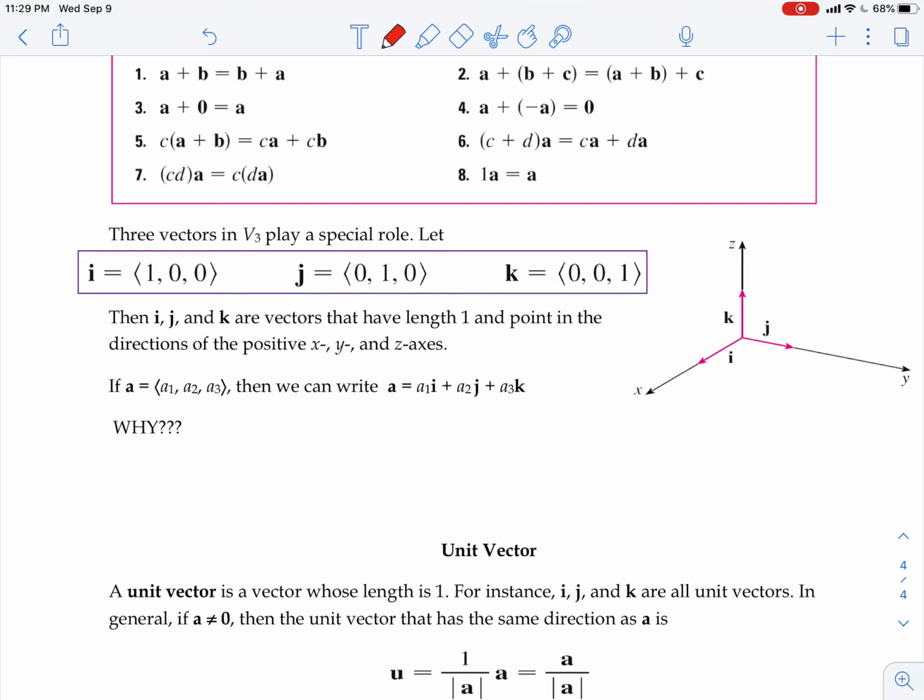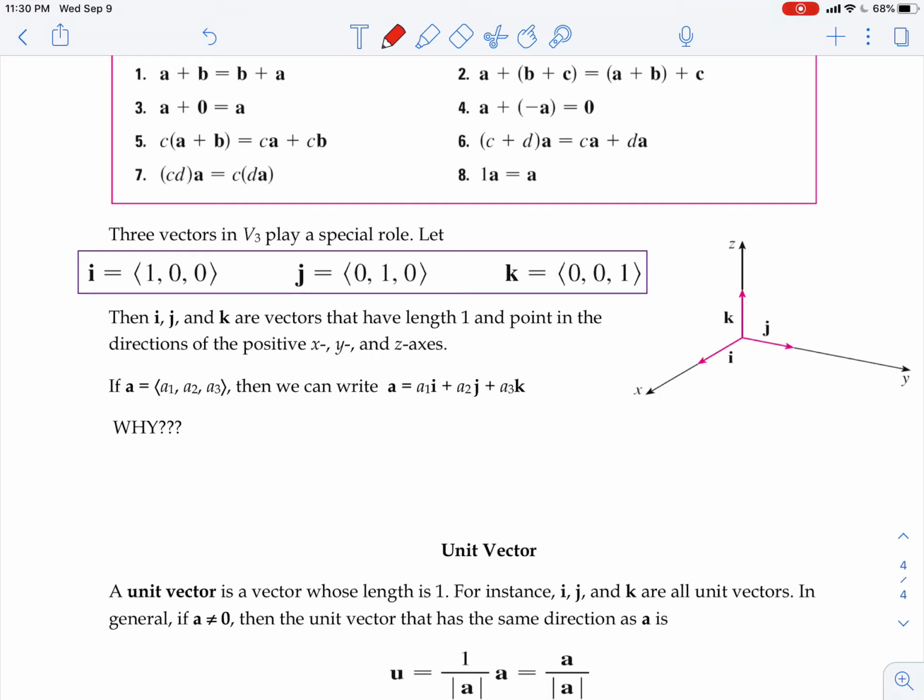So now, three vectors in our three-dimensional coordinate system, which we're going to label V sub 3, play a special role: the vector i, the vector j, and the vector k. What this allows us to do is write our vectors like an equation, and this is how a lot of vectors are represented in physics or engineering classes.